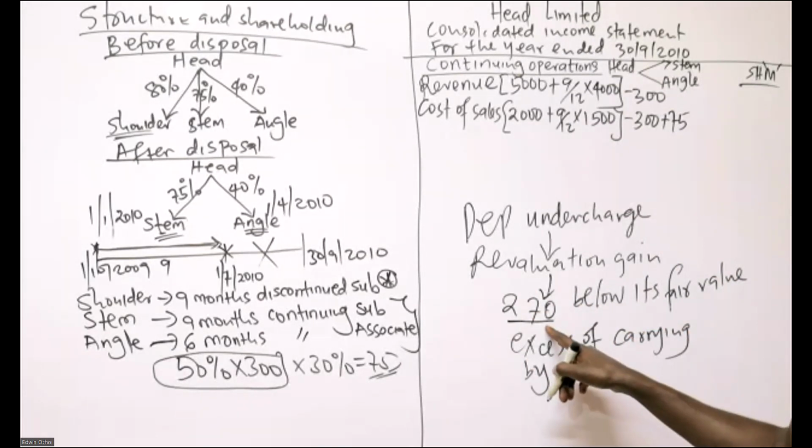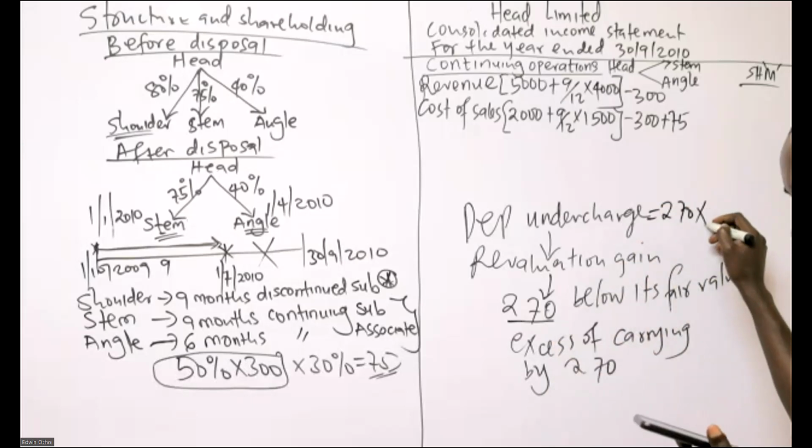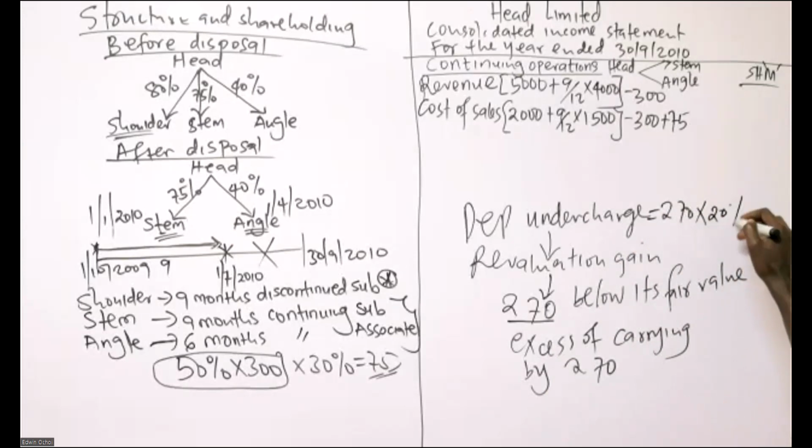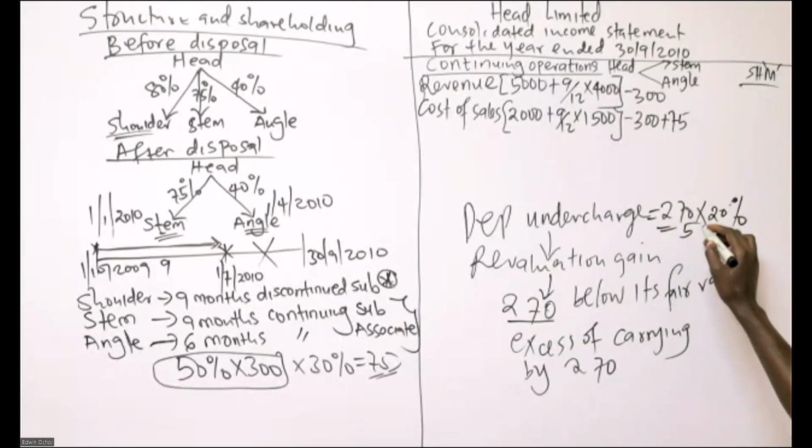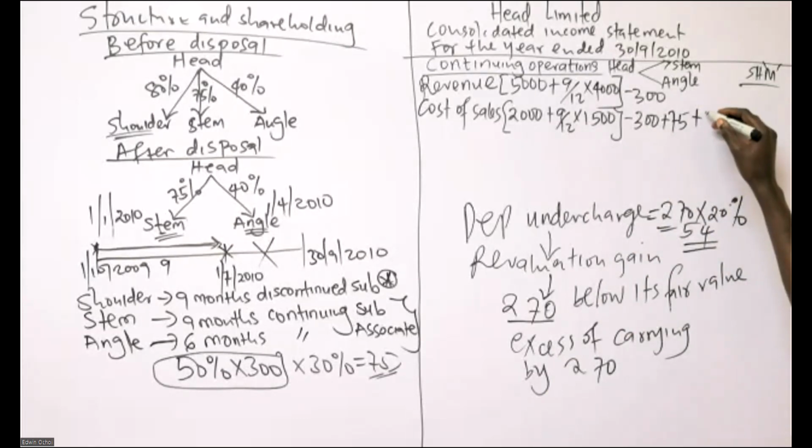Once you have your revaluation gain, you multiply by the depreciation rate, which is 20%. You get 54. Depreciation under charge is supposed to be added here.